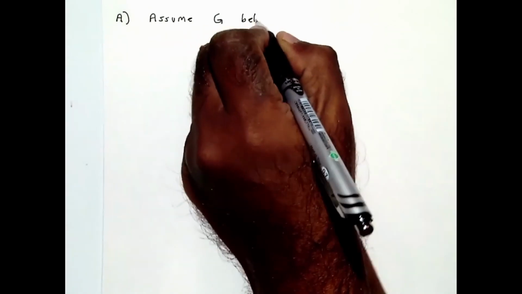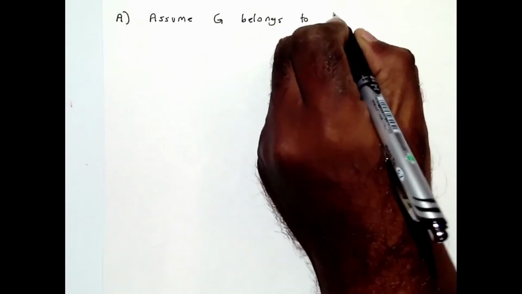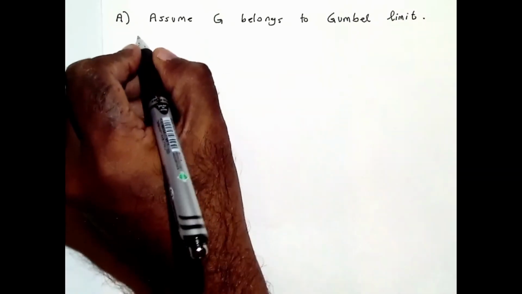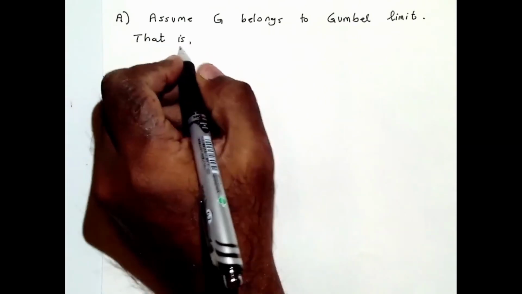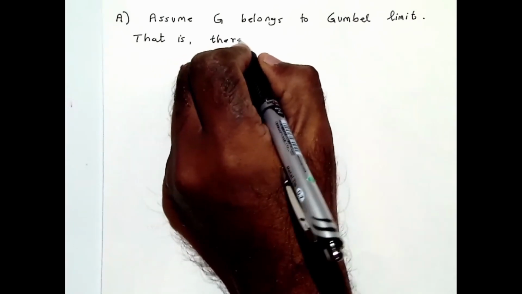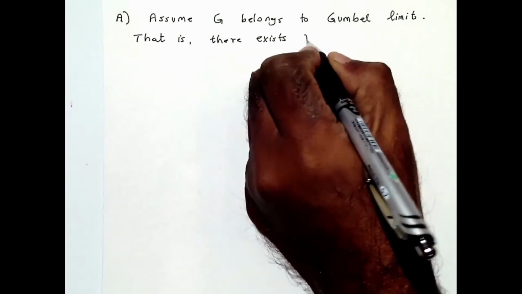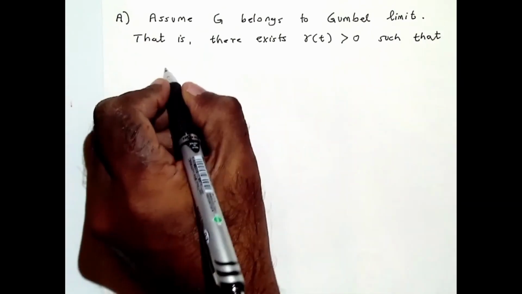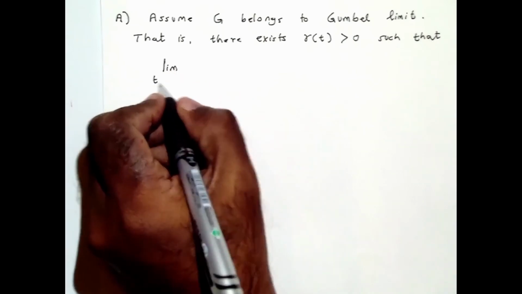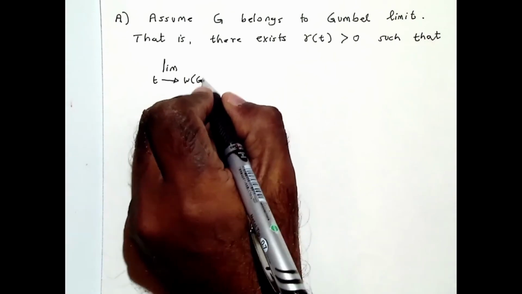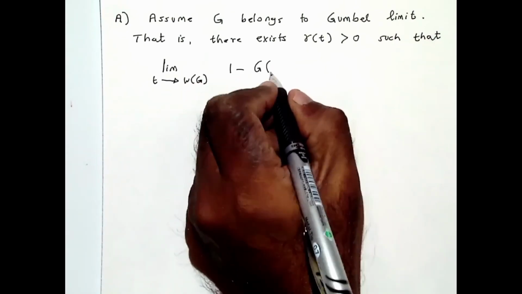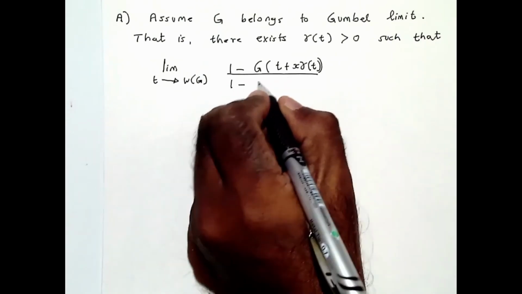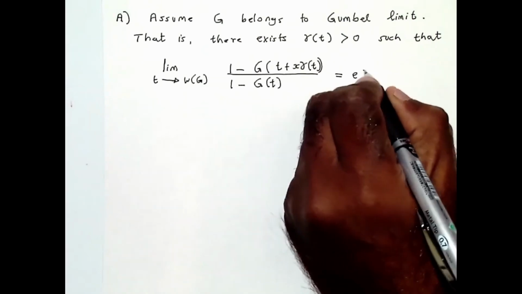All right. So I'm going to assume G belongs to the Gumbel limit, which means that there exists a function gamma t which is positive such that the following is true, that the limit as t approaches the upper end point exists.